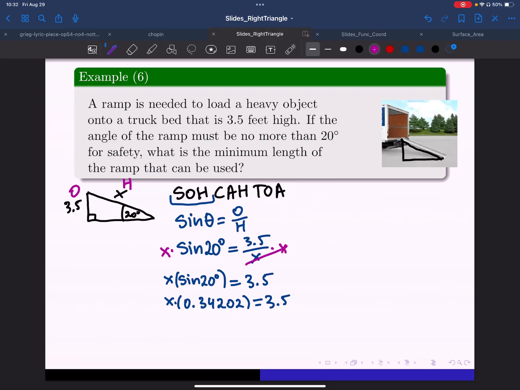And then we're going to divide by 0.34202.